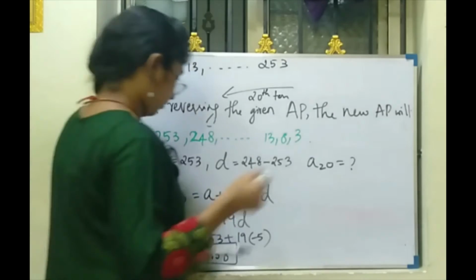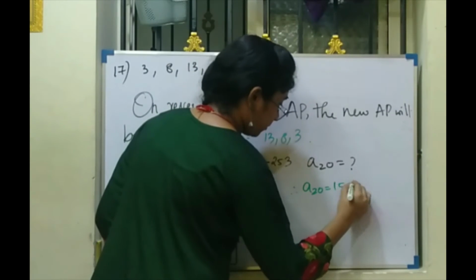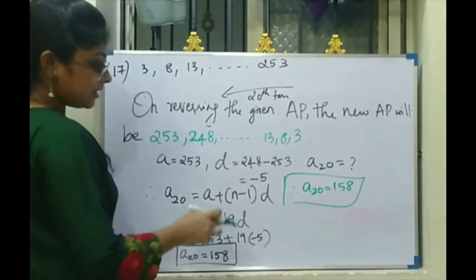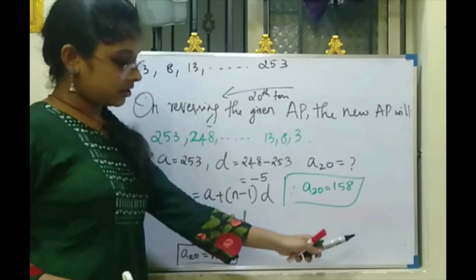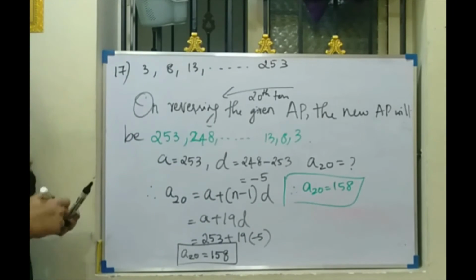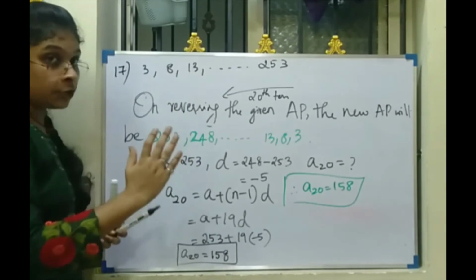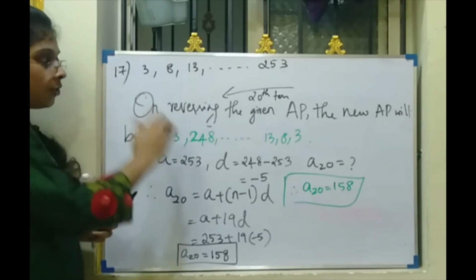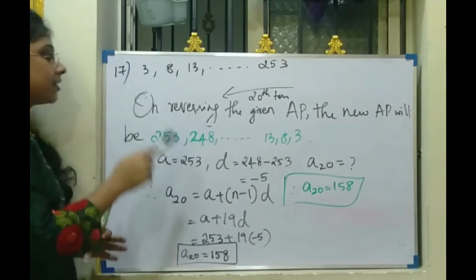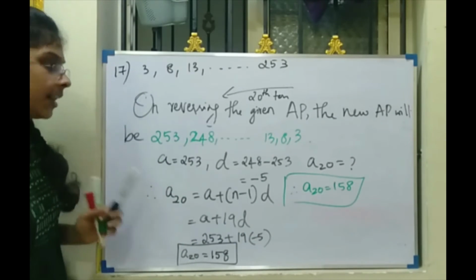Therefore, A20 is equal to 158. Okay. Hence, the 20th term from the last is 158. In this sum, just try to remember, if they ask the value from the last, you have to reverse the whole AP, reversing the whole AP sequence and find the term.